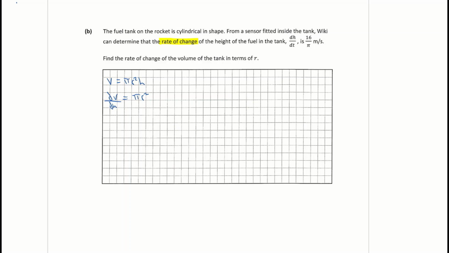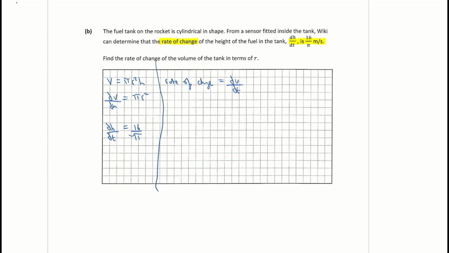The question then tells us that we have dH dt. They give us that in the question, which is 16 over pi. That's coming from here. So that's another thing we have. And what we want to find in this question is the rate of change of the volume of the tank in terms of pi. So we're basically looking for the rate of change, which is going to be dV dt, as the volume changes with respect to time.